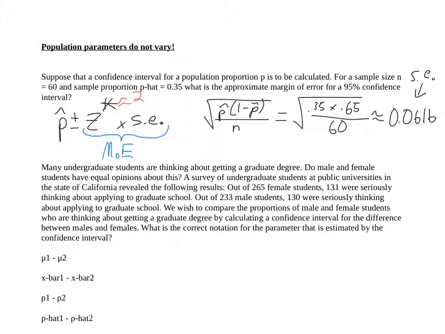And we don't really need a calculator for this. This is pretty easy. So the margin of error, the MOE for brevity, is going to be approximately 2 times 0.0616, which again is approximately, let's see, 0.132. Am I doing that right? Let's see.